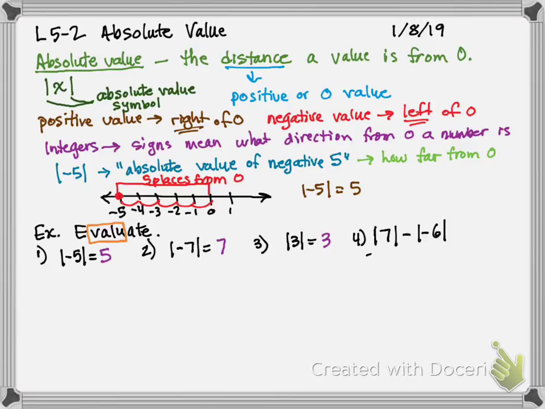So we're going to take the absolute value of each of those. The absolute value of 7 is 7. It's 7 away from 0. The absolute value of negative 6 is 6. It's 6 away from 0. And then we just give an answer. 7 take away 6 is 1. Bedtime. Okay.